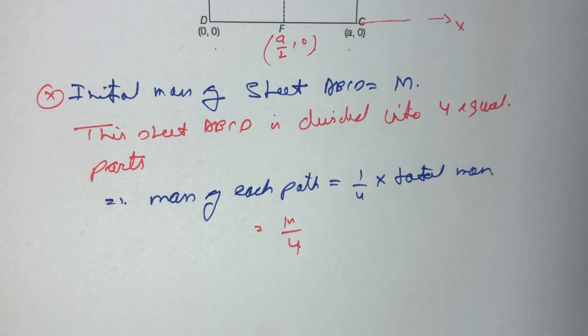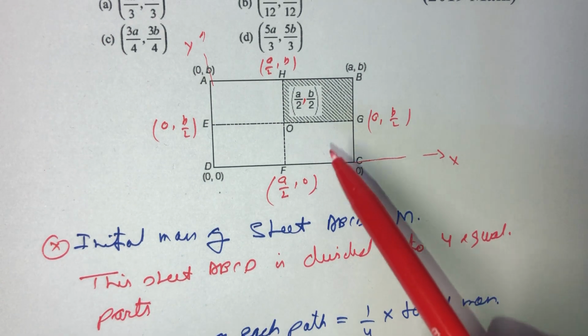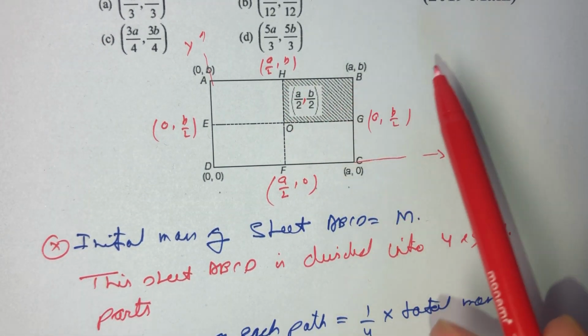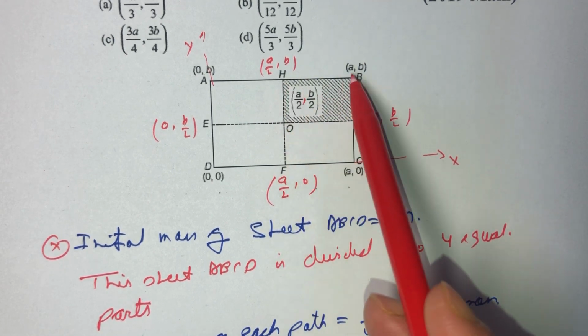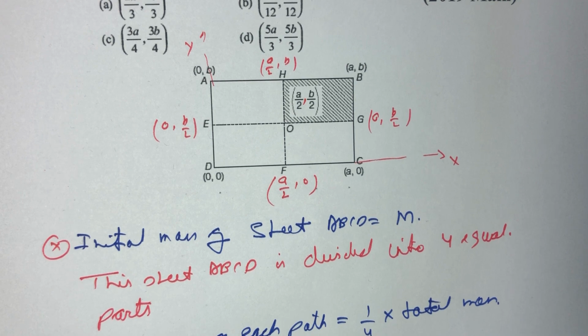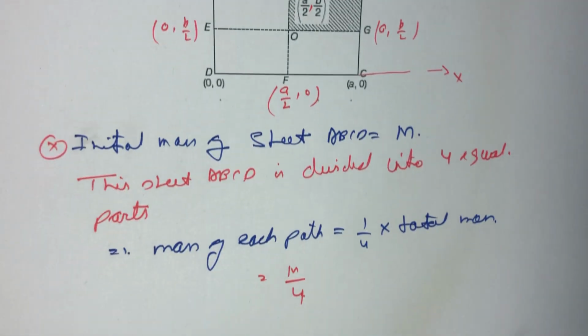Now first of all, let's find out the center of mass of the portion which is being cut out, and then we can use the standard formula for calculating the center of mass for the remaining portion.